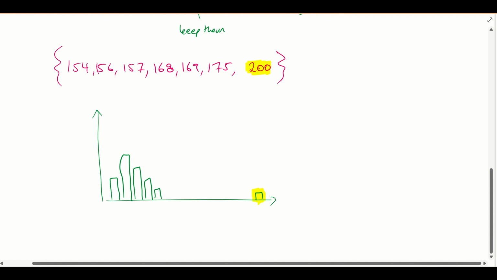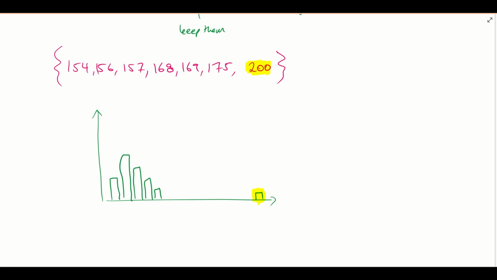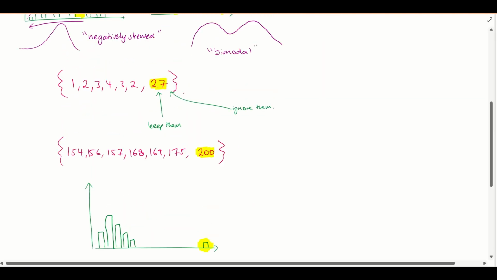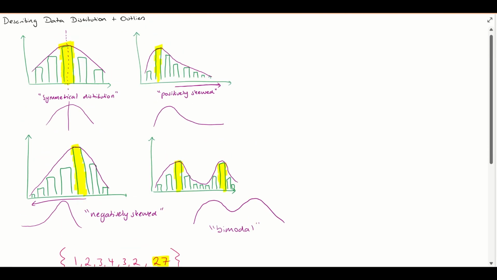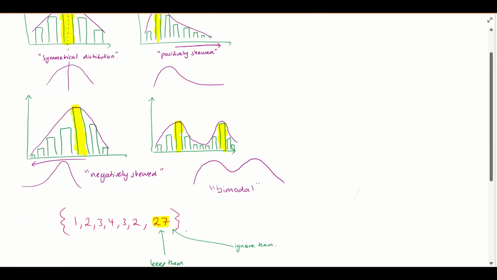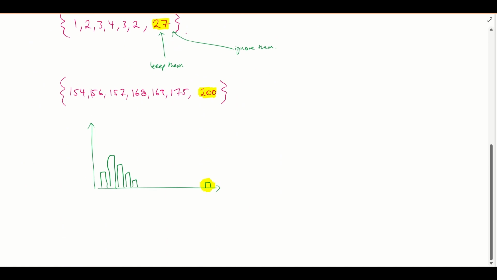Was it a potential error in our experiment, in our survey, in which case, yes, we could potentially exclude that point as long as we say why we're doing so. But if that point does in fact truthfully exist there, then we have to keep it in our data set, okay, and explain why that point is where it is. Okay, so that's it. That's all I wanted to talk about with symmetrical distribution, positively skewed, negatively skewed, bimodal, and outliers.